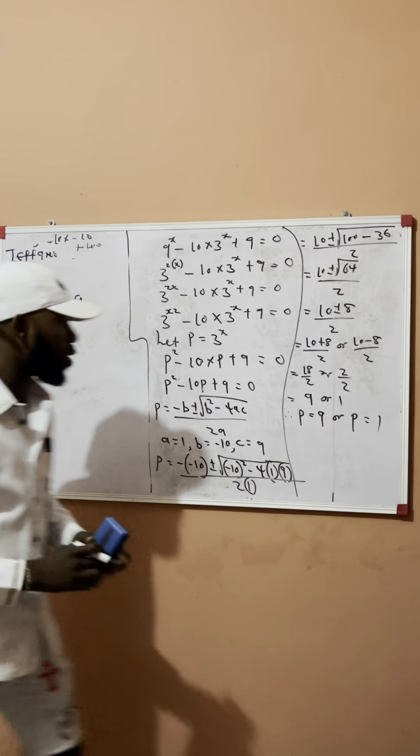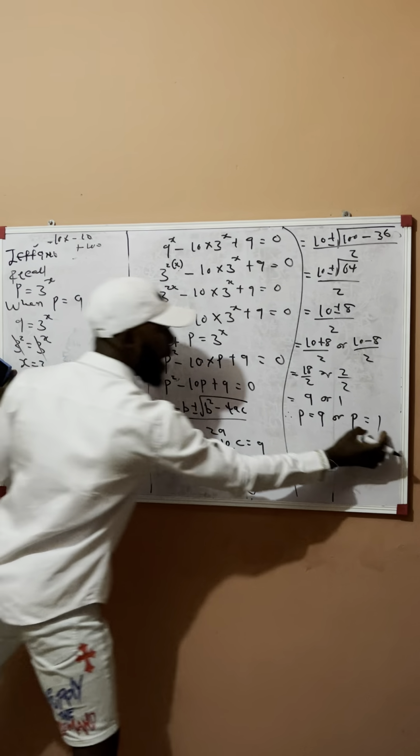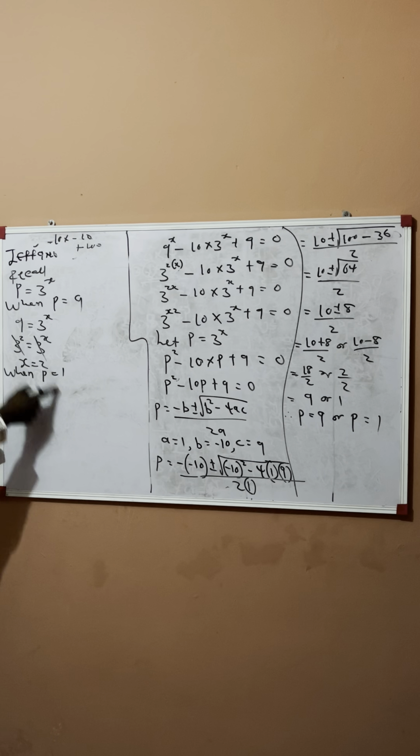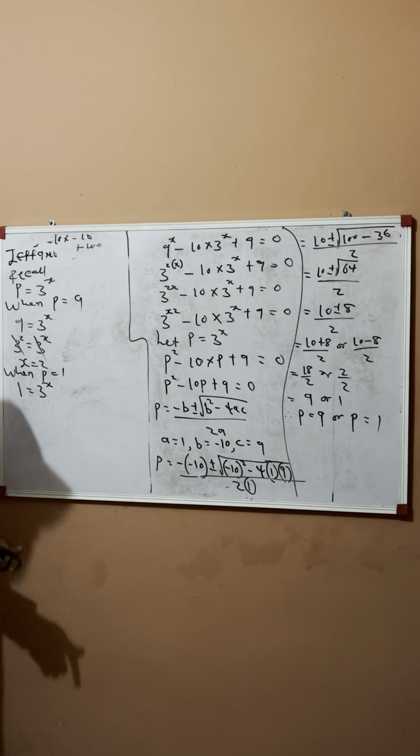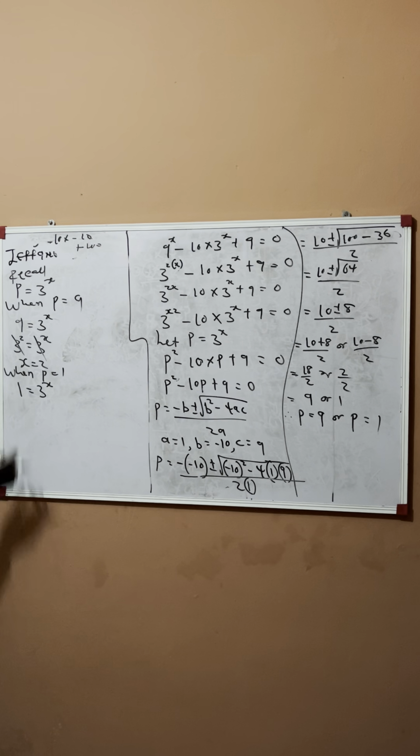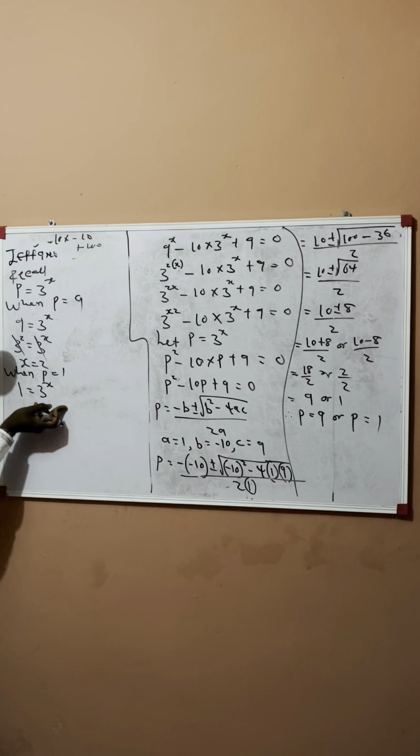Now, how do you get the second answer? You will now use when p equals 1. Now, coming back to this place, anywhere I see p, I will put 1. So here becomes 1 is equal to 3 raised to the power of x. But now, I cannot cancel out because the bases are different. Now, how can I make 1 to carry a base of 3?